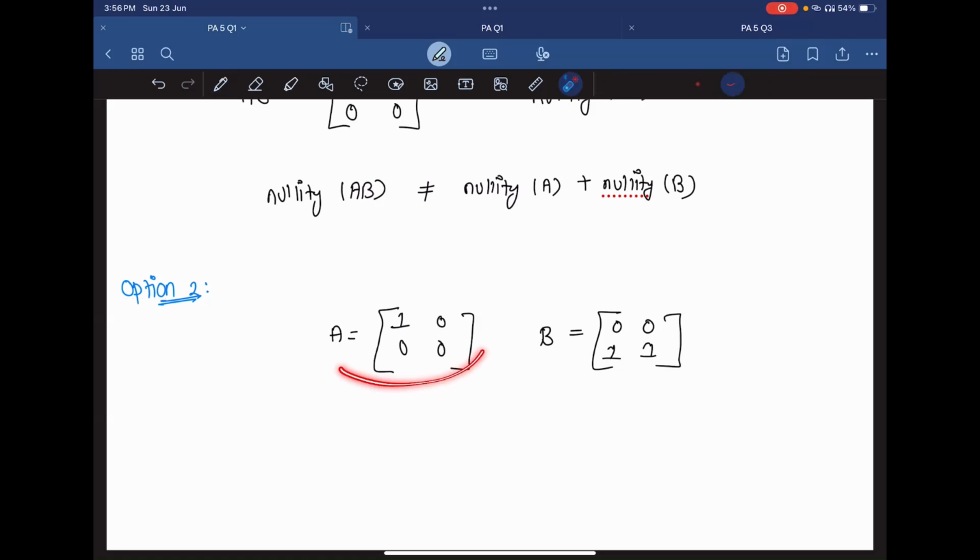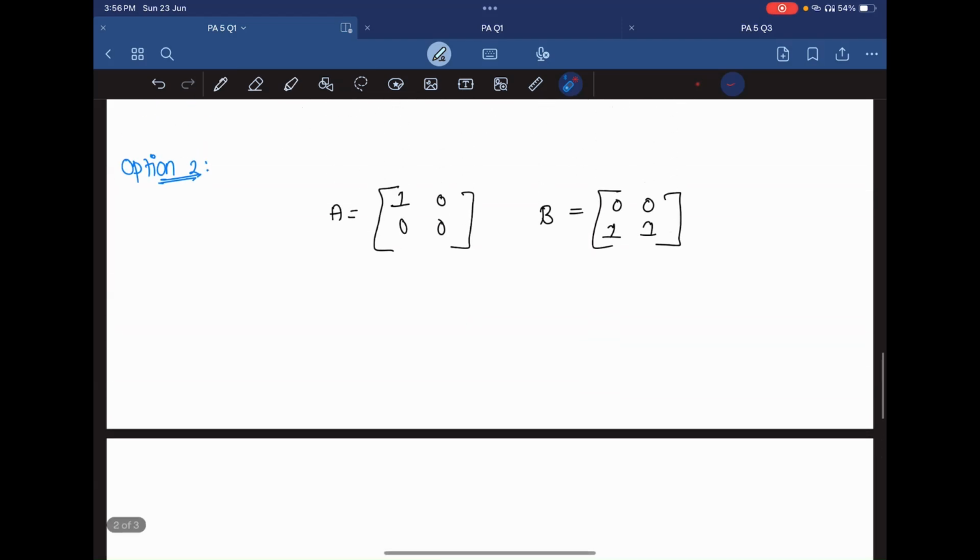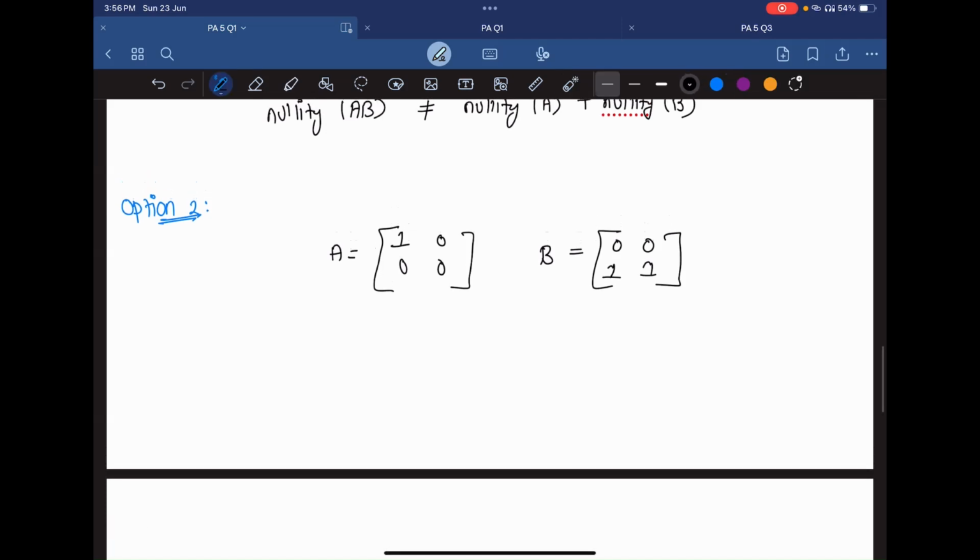Again nullity of A is 1 as there's only one pivot element. So the rank would be 1 and nullity would be 1. And same here also, if we reduce this matrix by interchanging these two rows, we will get only one pivot element, and hence rank would be 1 and nullity would also be 1. So nullity of A equals nullity of B equals 1.